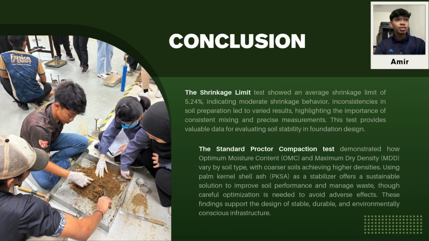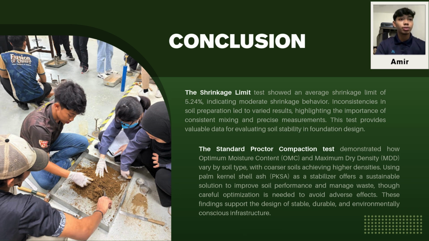Next, the shrinkage limit test measured 5.24% shrinkage, which indicates moderate shrinkage potential. Variability in soil preparation impacts results, highlighting the importance of consistent mixing and precise measurements.